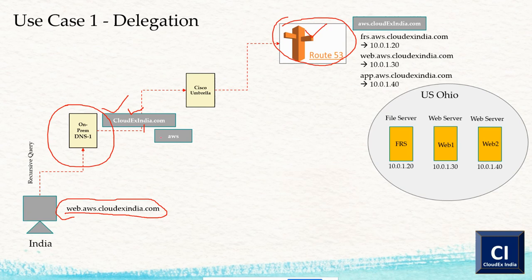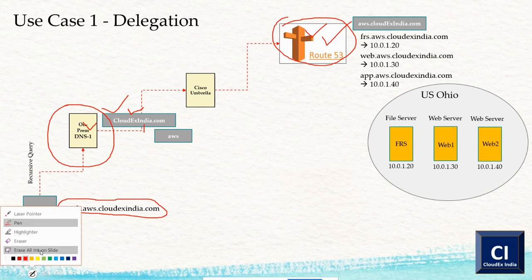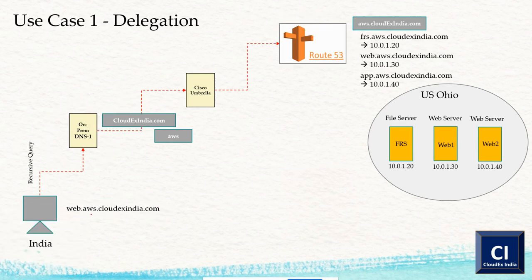Okay, so now the next question, you have created the subzone, it's okay, but how does your DNS server know any query related to the subzone should be forwarded to Route 53? So in such cases, you have to point all queries related to this to Route 53.